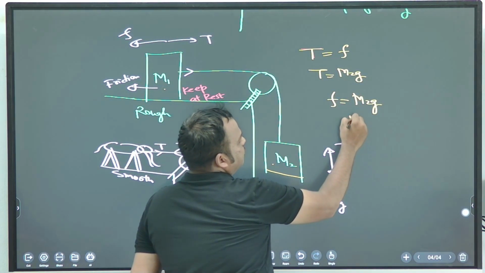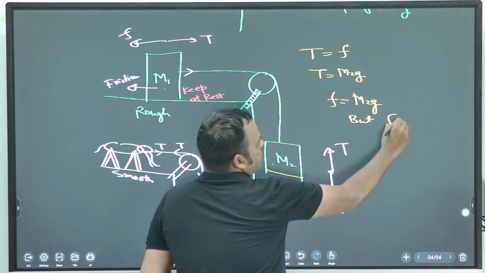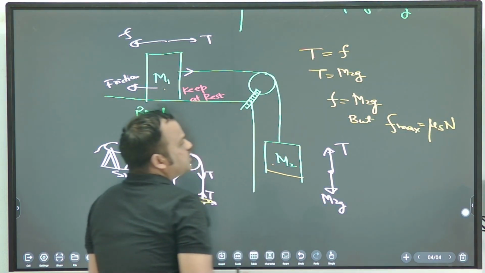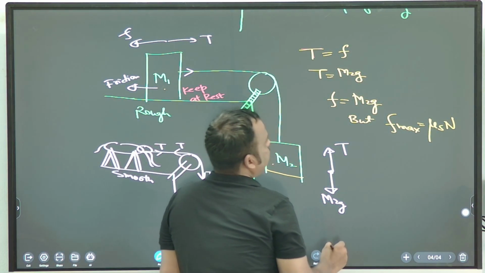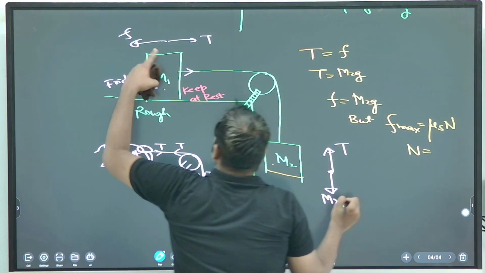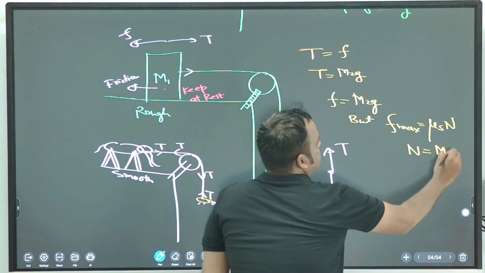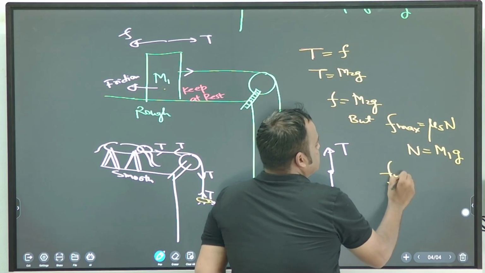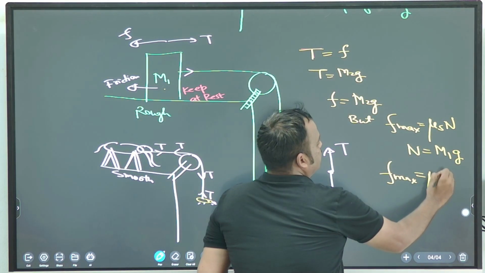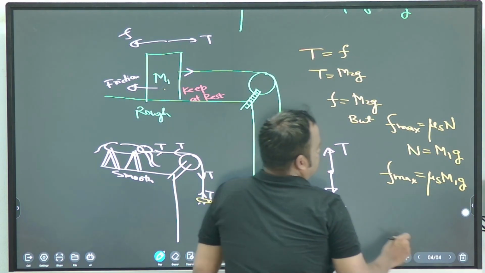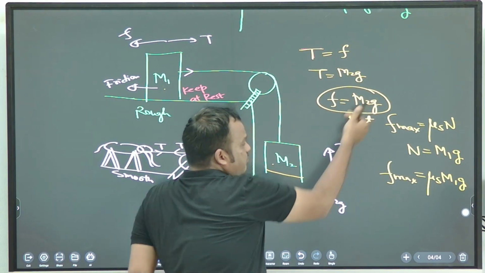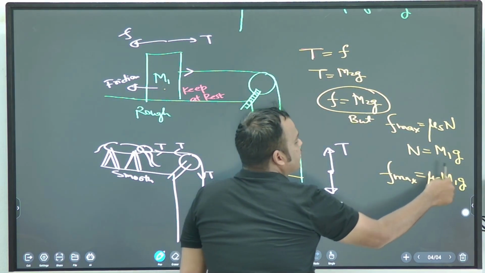After this you write, but maximum friction is mu s N. And what is the N value here? N is M1G. So the maximum friction is mu s M1G. Right now the friction is M2G, but the maximum value is mu s M1G.